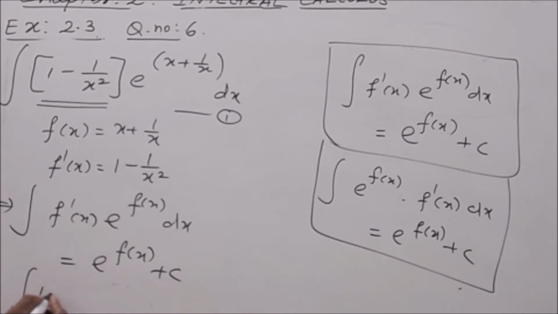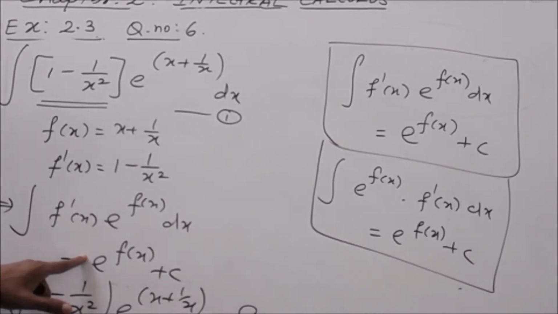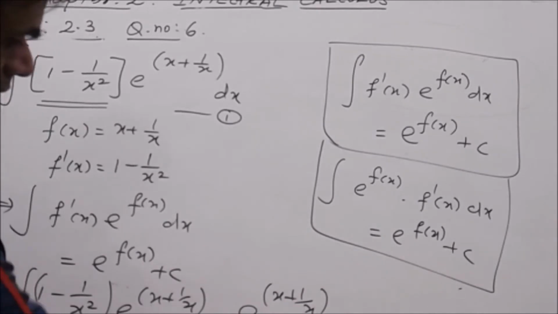Therefore, integral of 1 minus 1 by x square into e power x plus 1 by x dx is equal to e to the power f of x. F of x means x plus 1 by x, plus constant of integration c.